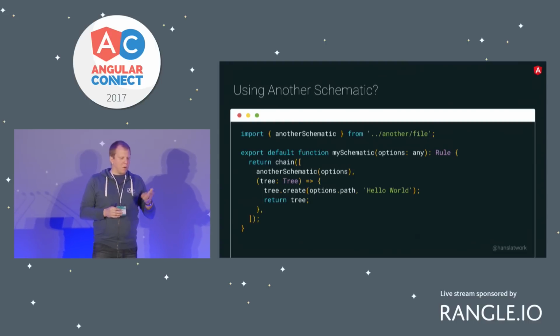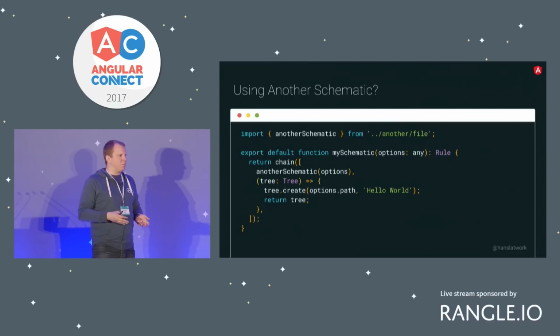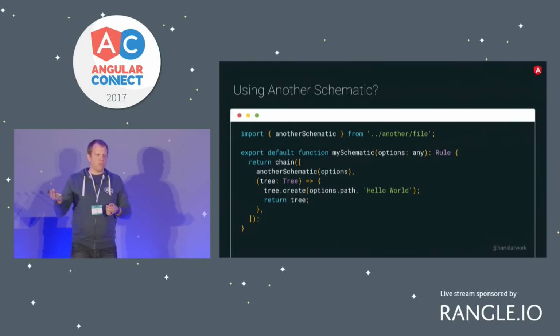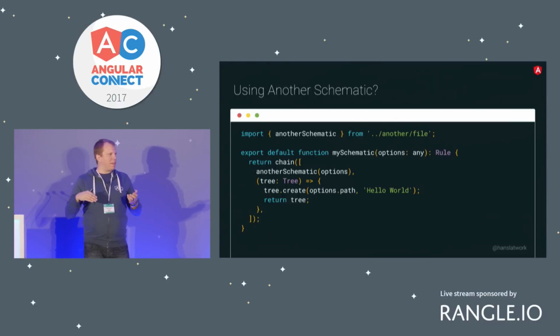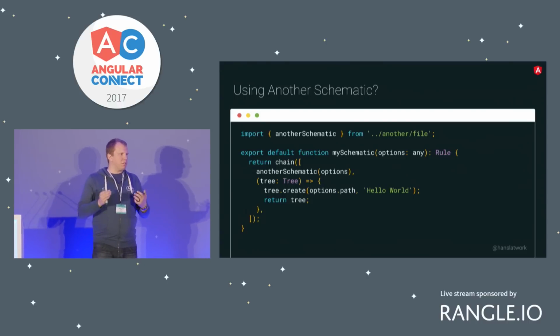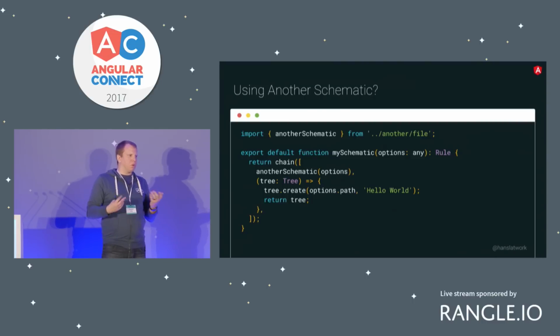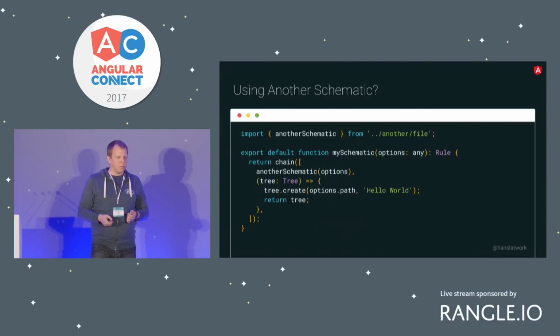So if the path already exists, or if the path was created by another schematic, then this is going to produce an error. In a system like Yeoman, for example, you might end up with another schematic being run, the file being committed onto disk, and then you try to create a new file at options.path, that file exists, it breaks, but the other one just ran, so your file system is actually in an inconsistent state, and you have to git revert or try to find out what happened.